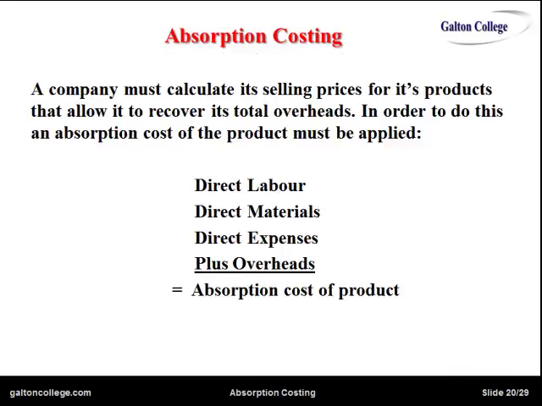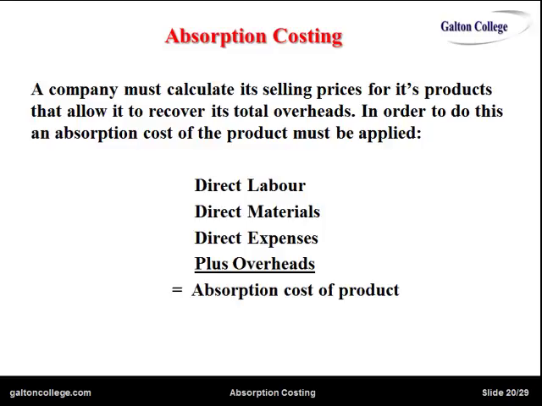Absorption costing. Well, a company must calculate its selling prices for its products that allows it to recover its total overheads. In order to do this, an absorption cost of the product must be applied.